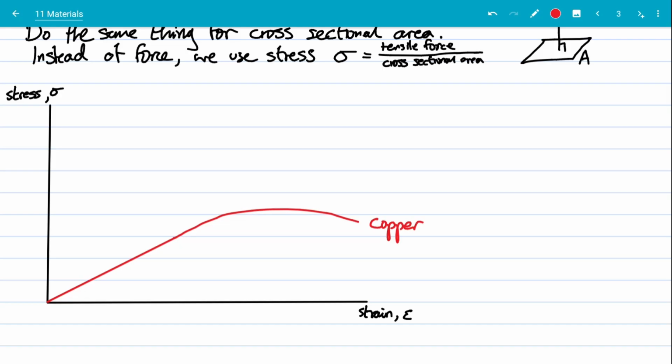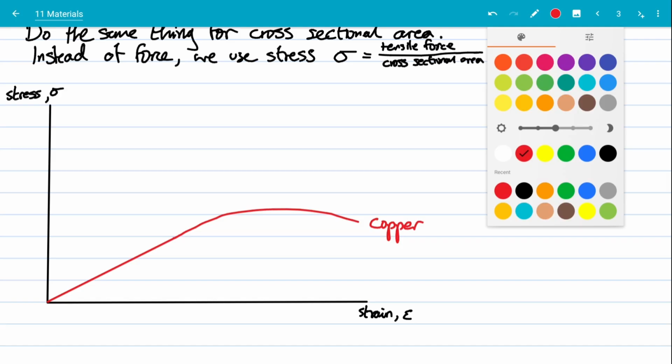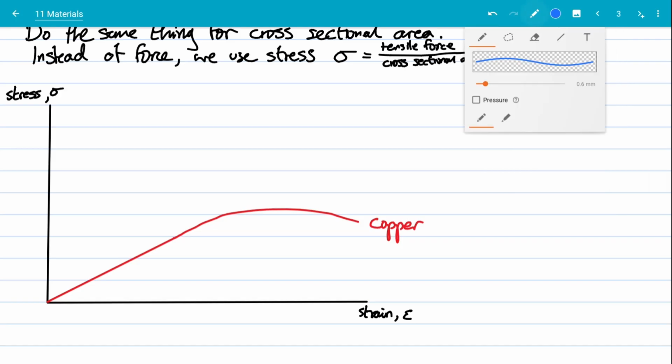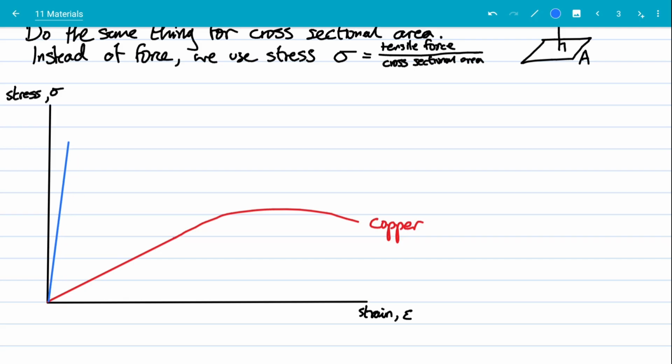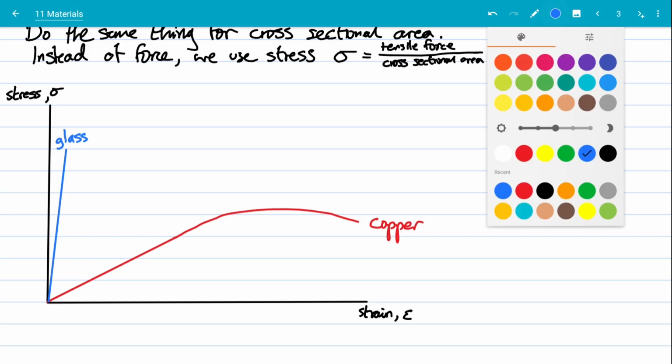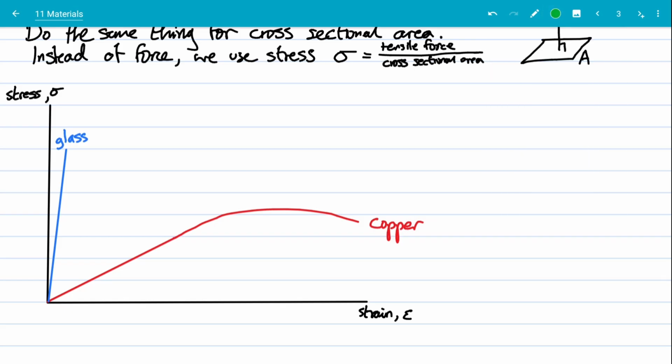If we have something like glass, it might be much more stiff. In other words, you're going to have a much greater stress with much less strain, but then it will just suddenly fracture. It's quite brittle. So this is glass. But something like steel, and I think steel is in between these two. The notes say that glass is less stiff than steel. Glass might be less stiff than steel, I don't know.